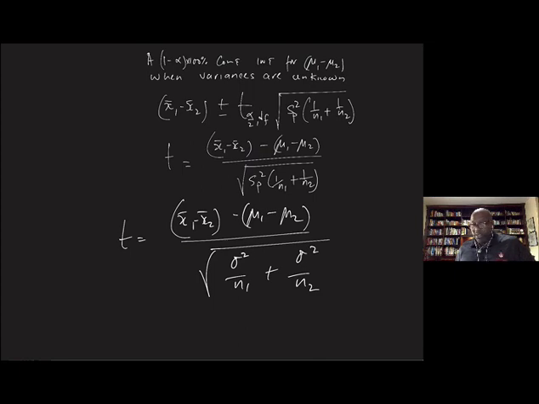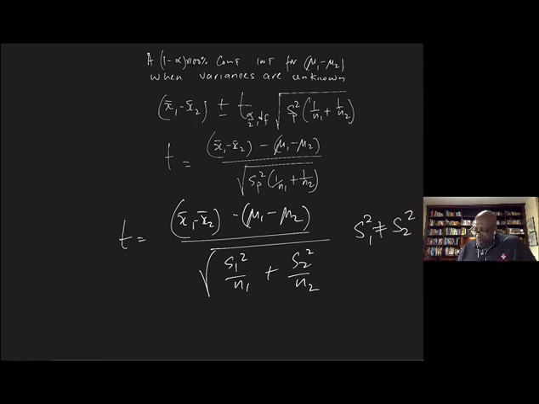Now, because I don't know them, I need a single value to estimate sigma squared. If I use the sample values that I have, S1 squared, S2 squared, it wouldn't make sense. There's a pretty good chance that the sample variance S1 squared is not equal to S2 squared.